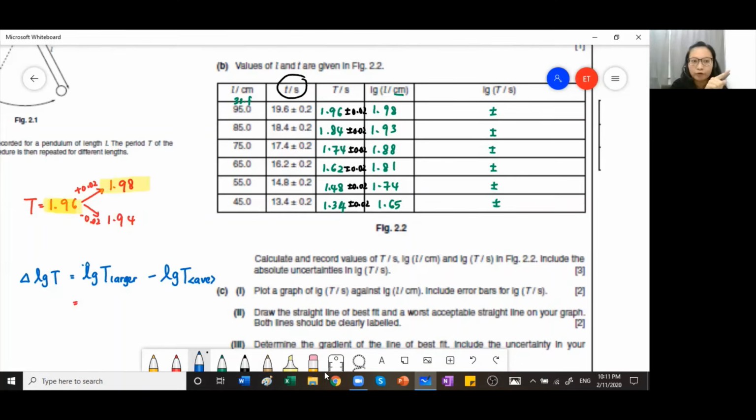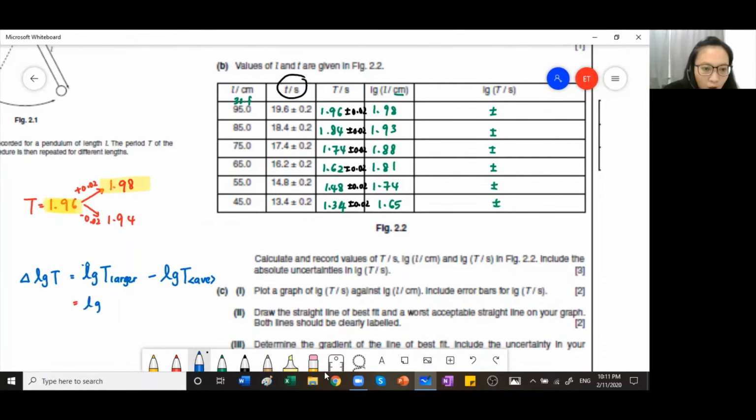If it is delta square root of t, then you have to take the square root of larger t minus square root of smaller t. If this is a cube root or a cube, delta t cubed, you just need to take the larger t cubed minus the average t cubed. That's simple.